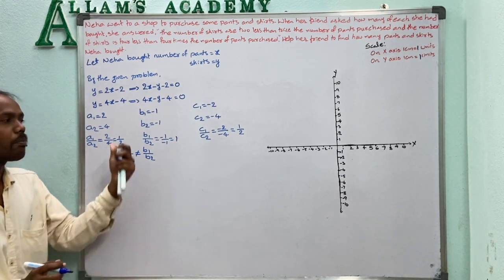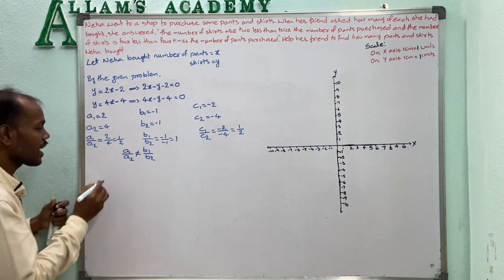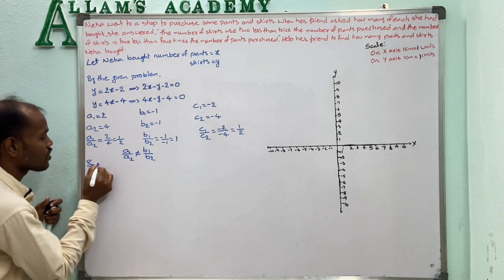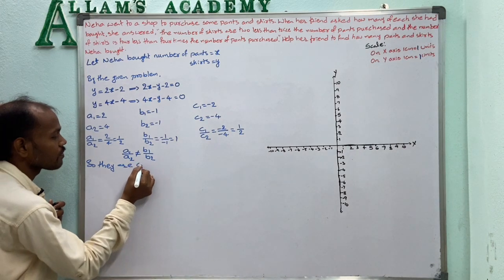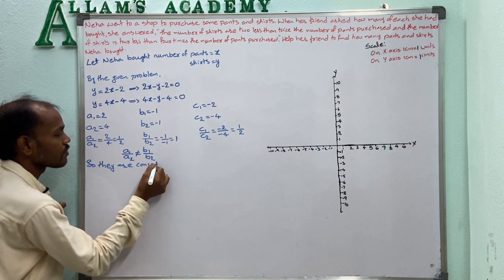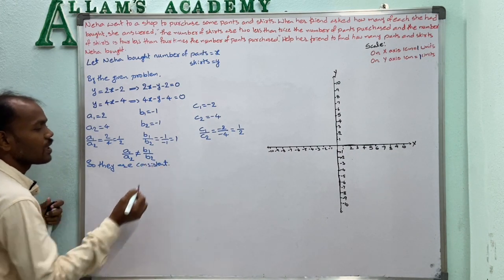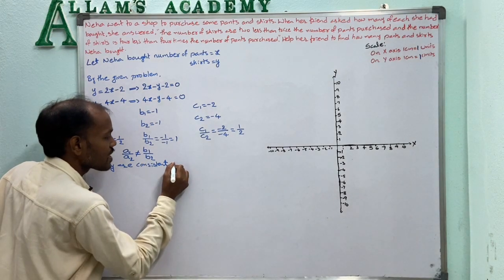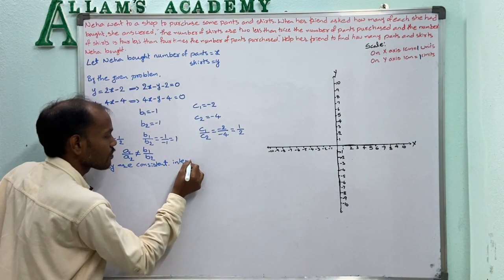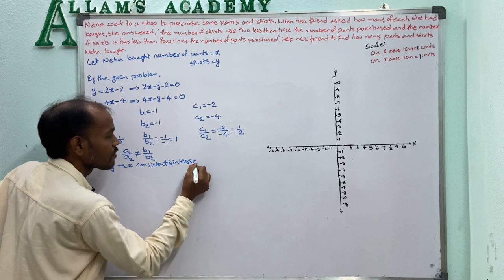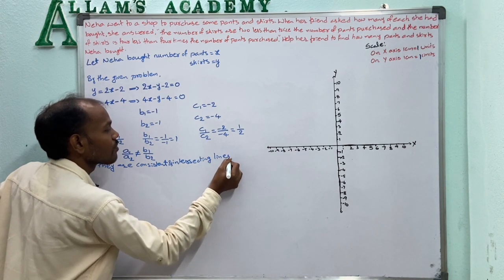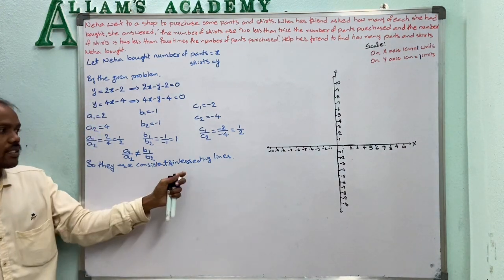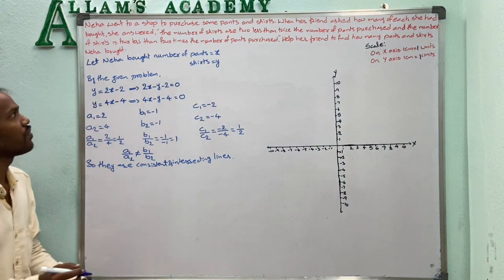So the given pair of linear equations are consistent, and they are intersecting lines. Now we find at which point they intersect.